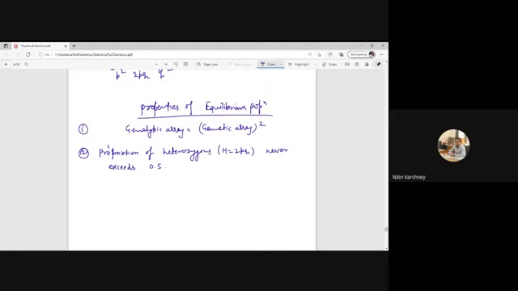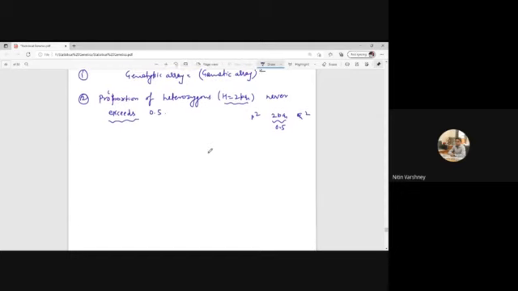What is the meaning of this statement? The proportion of heterozygous, that is H equal to 2pq, will never exceed 0.5. It means that if we have some population and we calculate p square, 2pq and q square, this proportion will not be more than 0.5, never. It can be less than 0.5, but it cannot exceed 0.5.